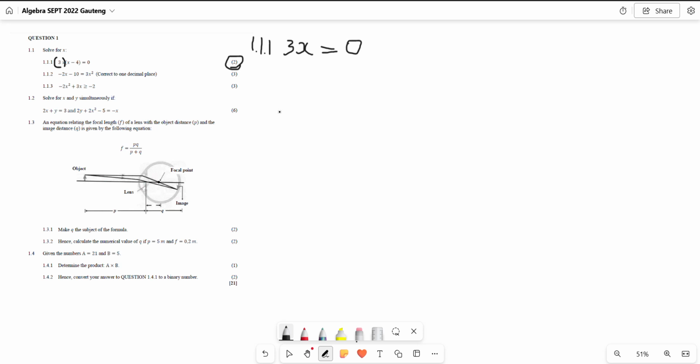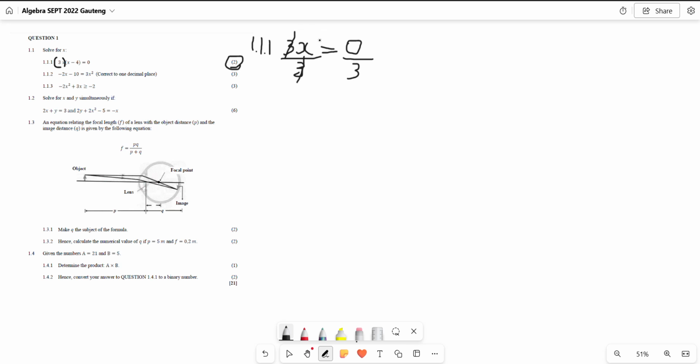Now, remember the objective is to look for x. The 3 must die here. Remember we have 3x, it means these two are multiplying. To get rid of the 3 so that we are left with only an x, we are going to divide here by a 3 that is positive. Also divide here by a 3 that is positive. Then this 3 is going to cancel with this 3.